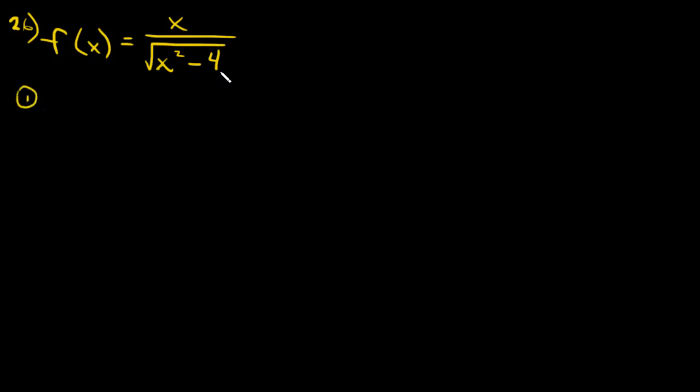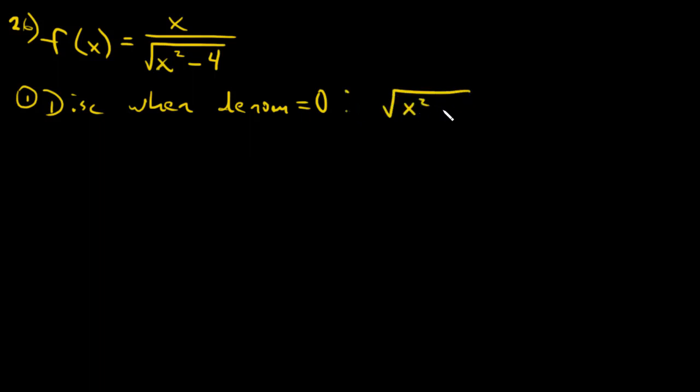So step 1, where the discontinuities will be, they're where this is either a negative value or when it's 0, right? So let's look at when it's 0. So the discontinuities at when the denominator is 0, well, that's going to imply that root x squared minus 4 equals 0, which really just implies that x squared minus 4 has to be 0, which occurs at x equals plus or minus 2.